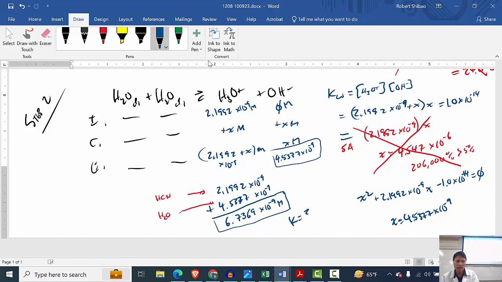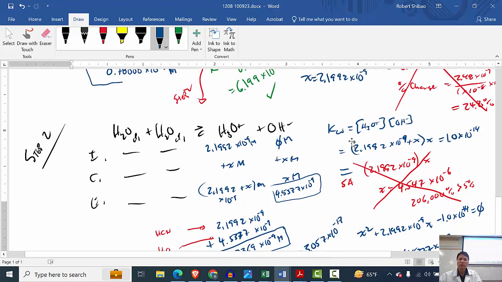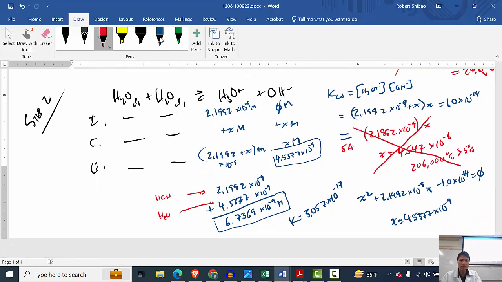Because when I calculate K, it comes out to 3.057 times 10 to the negative 17. That's way off. Because the K is supposed to equal 1.0 times 10 to the negative 14. It's not just a rounding error, there's some kind of calculation error. And so I need to double check the calculations here.